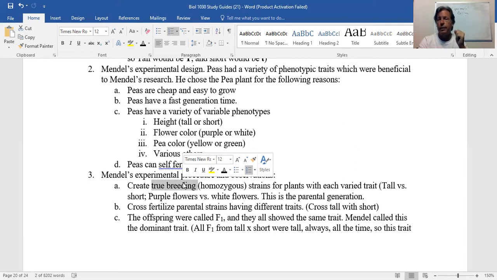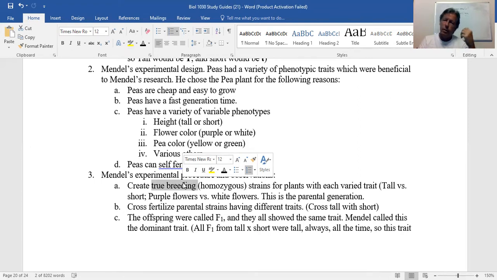Okay. True breeding. You can compare that to non-true breeding. What that means is you take a plant, and very importantly, you self-fertilize it, so all the DNA is coming from that parent. In a non-true breeding, you may self-fertilize it and see the different trait, right?